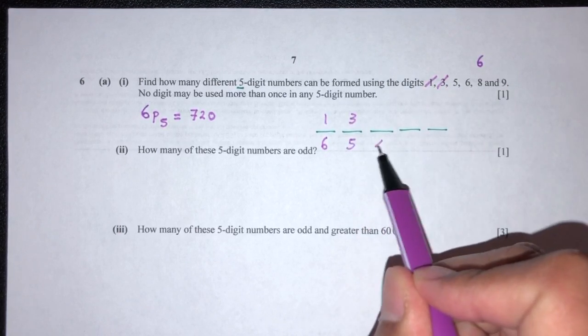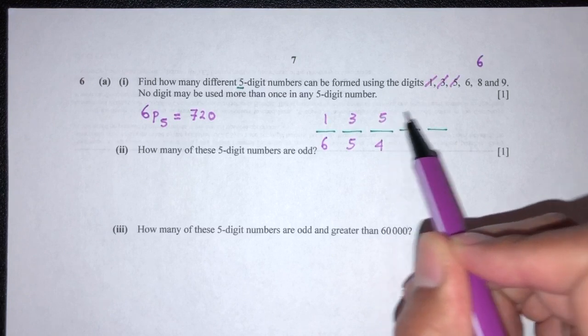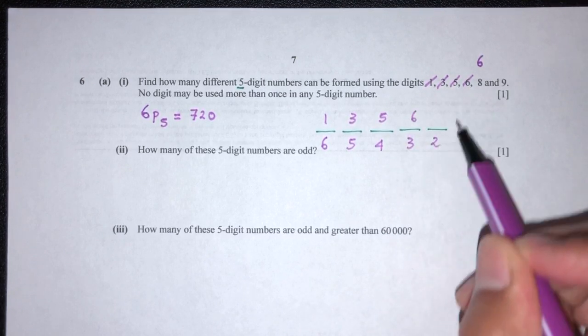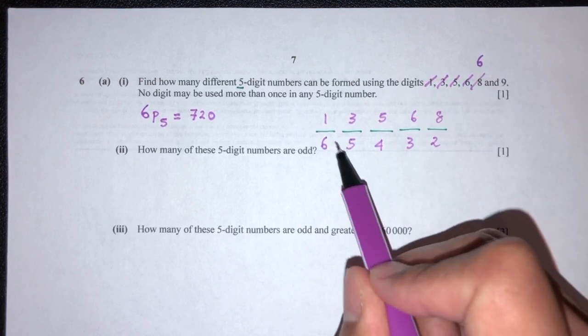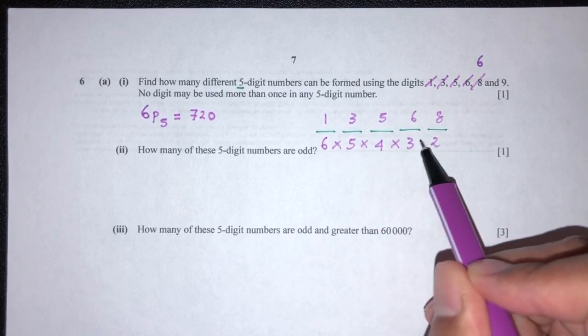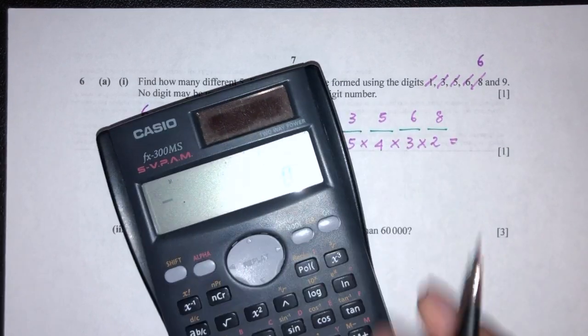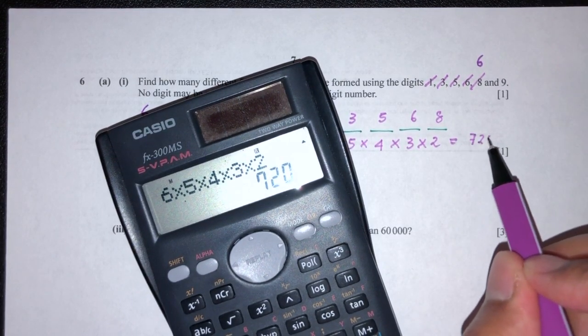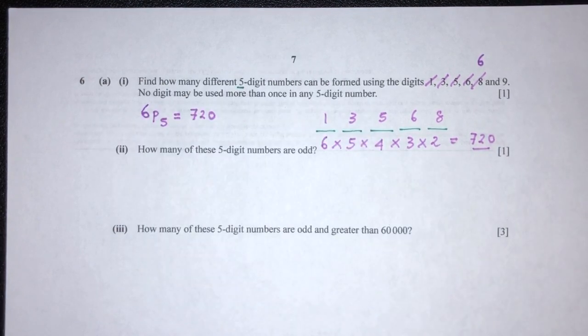Remaining 4 options. Let's say I choose 5. Remaining 3 options. Let's say I choose 6. And 2 options. Let's say I choose 8. That'll be 6 times 5 times 4 times 3 times 2. That will also give you 720 as the answer. So 2 ways of doing the same question.